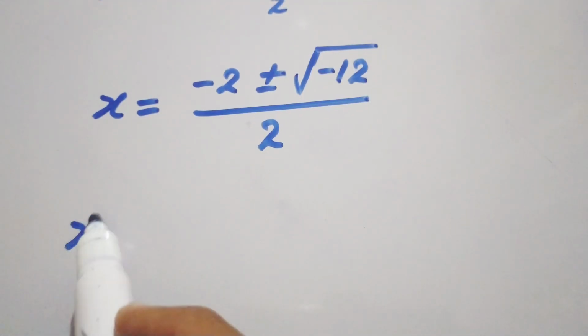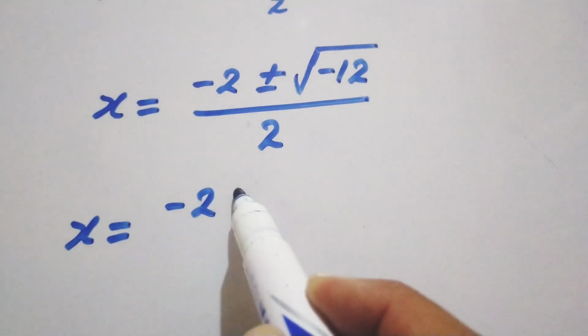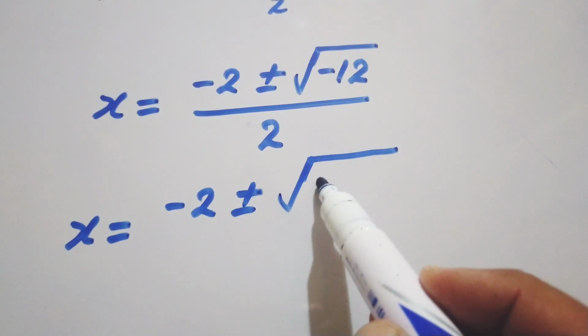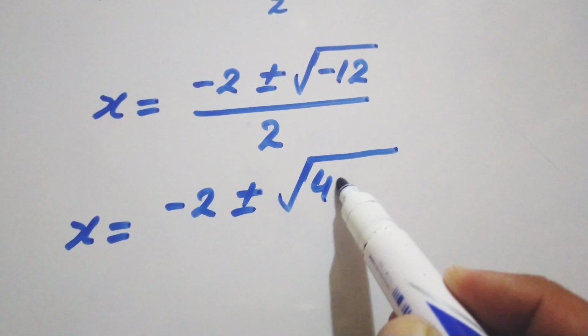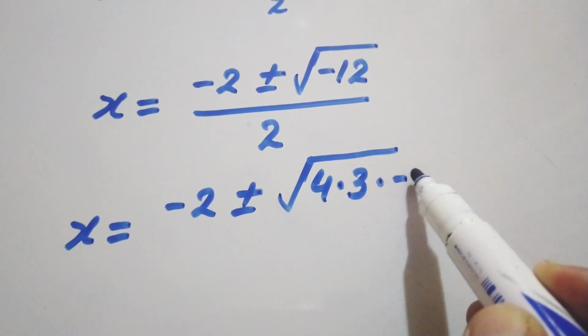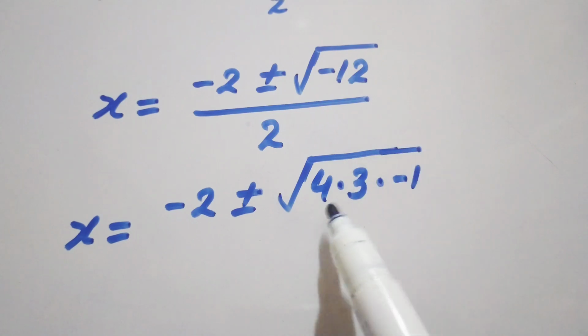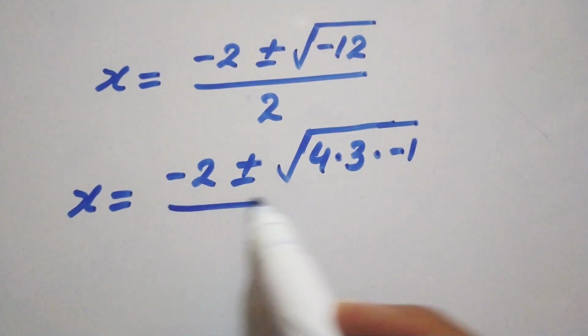Now x is equal to minus 2 plus minus square root of minus 12. We can write this minus 12 as 4 multiplied by 3 multiplied by minus 1. 4 multiplied by 3 gives us 12, and 12 multiplied by minus 1, which is minus 12, divided by 2.